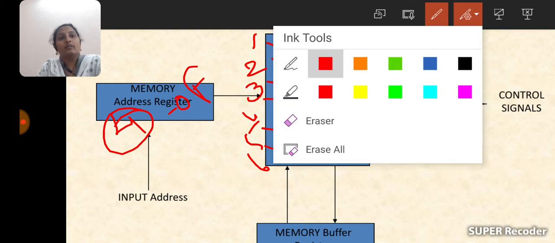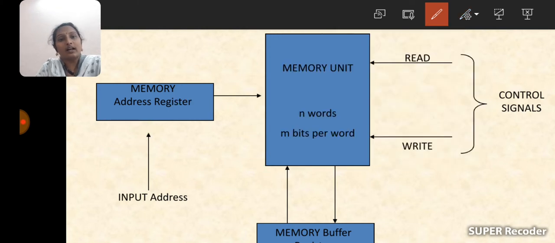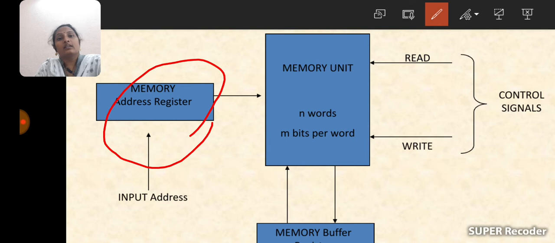For the purpose of storing the addresses, the memory is attached to the memory address register. Is it clear? What is the need of the address register? Because the memory consists of a group of locations. To store data into that group of locations, addressing of locations is very important.